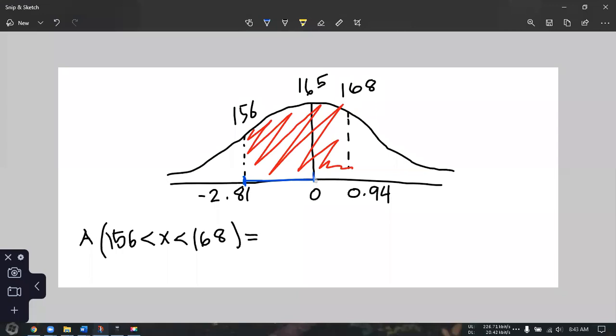And 165 to 168. Try to look for that area.